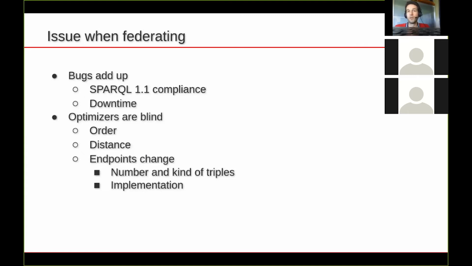For example, between UniProt and Rhea, there's a few orders of magnitude difference in size. UniProt being almost 60 billion triples and Rhea somewhere in the millions. So changing the way that you ask your query, do you first go to Rhea or do you first go to UniProt, currently still gives you humongous differences in performance.